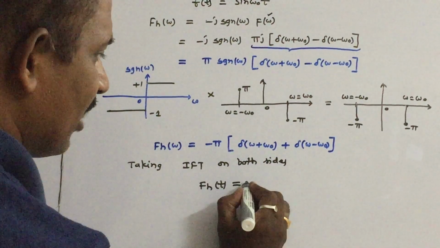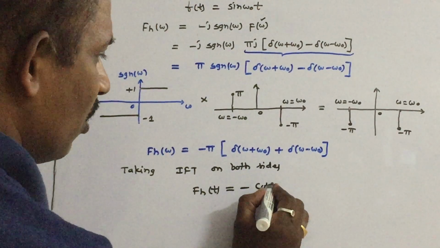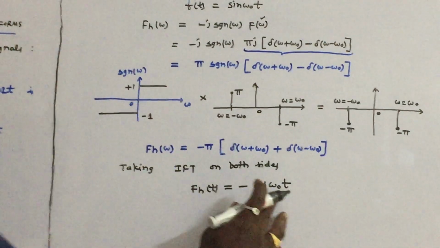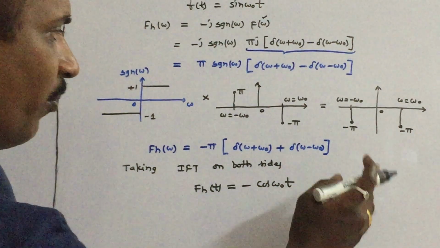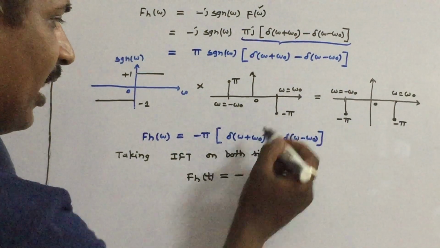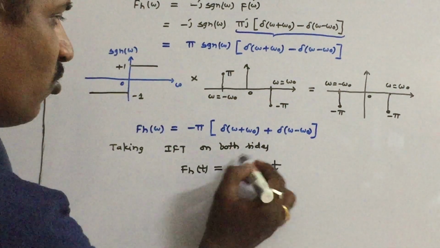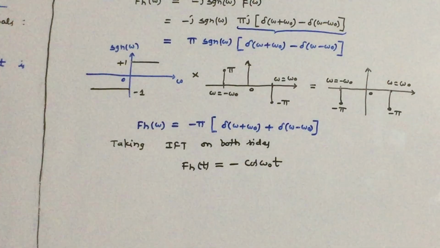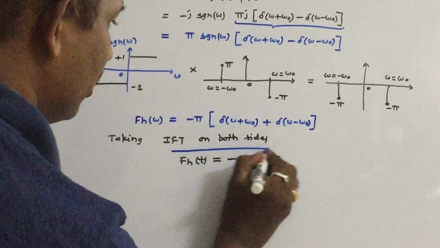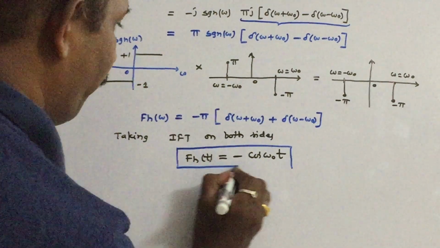It is minus cos omega 0 t. As you know, the Fourier transform of cos omega 0 t is pi into delta of omega plus omega naught plus delta of omega minus omega naught. Therefore, the inverse Fourier transform of this is cos omega 0 t, because of the minus sign. That is what we get in the shortcut method also, so this is how to remember this one.